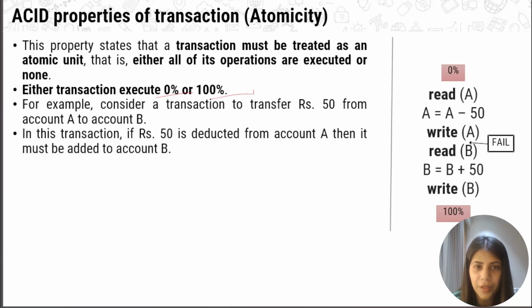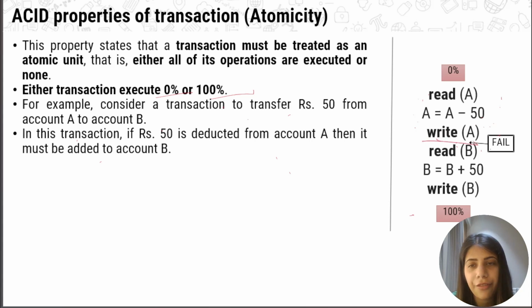Let's take an example. Consider transaction to transfer rupees 50 from account A to account B. In this transaction, the 50 rupees deducted from account A must be added to account B. Let's understand this by an example. So we will read the account A, how much money is there in the account A. We will minus 50 rupees from A's account and we will update the A's account.